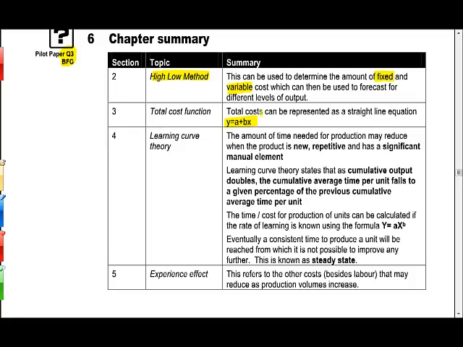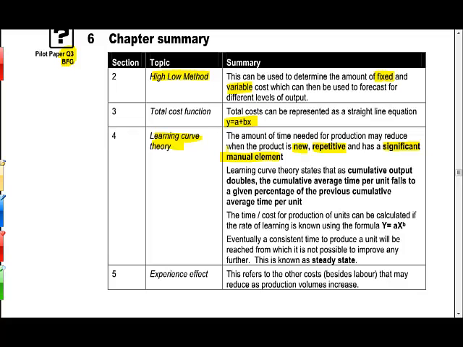So the total costs then are equal to the fixed cost plus the variable cost times the number of units being produced. The main focus of the chapter then was about learning curves, so saying the more you do something, the better that you get at it, providing certain conditions are met, i.e. it's a new product in a repetitive production with a significant manual element.